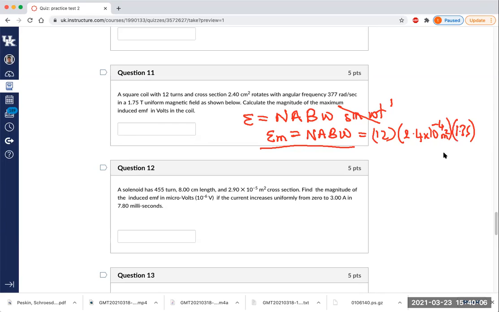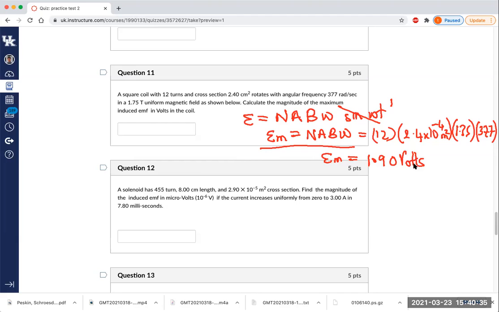I'm running out of space, I won't put the units. And the frequency is 377 radians per second. And if we multiply all those things together, we get the maximum induced EMF. And that maximum induced EMF that I got was 1.90 volts.